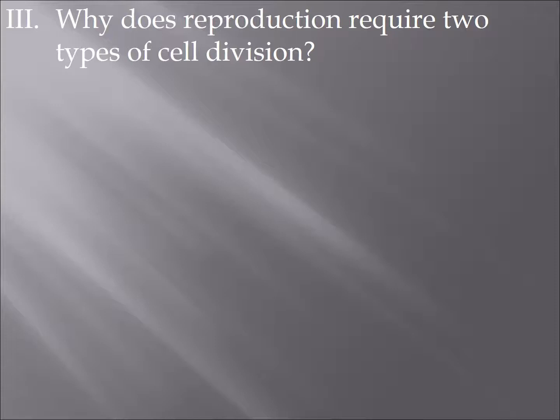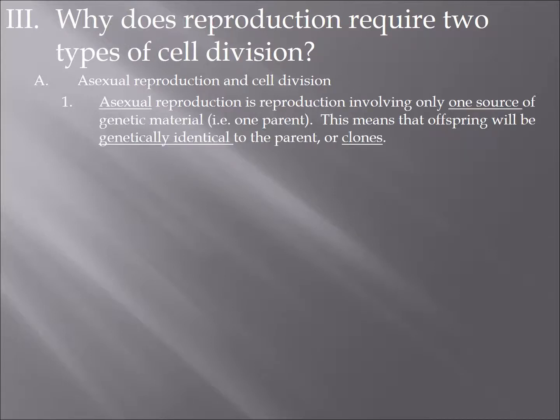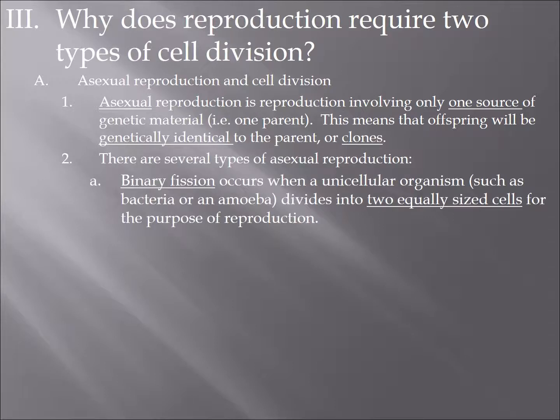Why does reproduction require two types of cell division? We have asexual reproduction and cell division. Asexual reproduction means you have one source of the genetic material, one parent, and the offspring will be genetically identical, and we could also call these clones. There's several types of asexual reproduction.